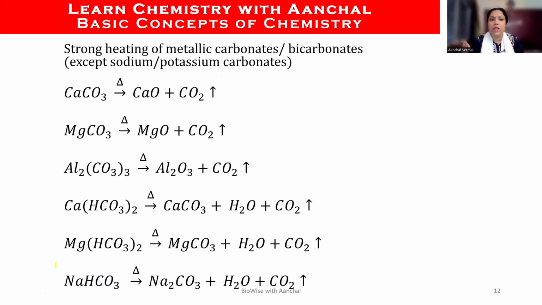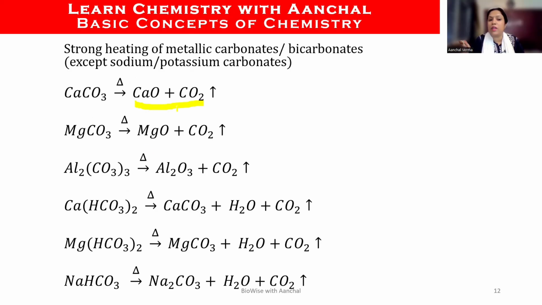Moving to the next, strong heating of metals, that is, thermal decomposition of metallic carbonates and bicarbonates, except potassium and sodium. They are very reactive metals, so their compounds are generally stable. So these carbonates also do not decompose. They're thermally stable. But other carbonates decompose into their respective oxides and carbon dioxide.